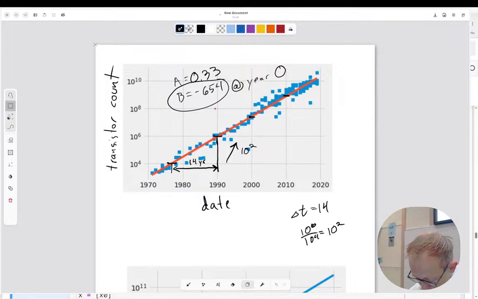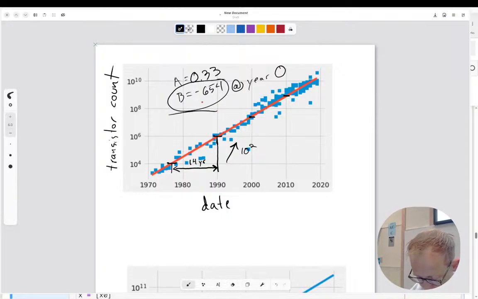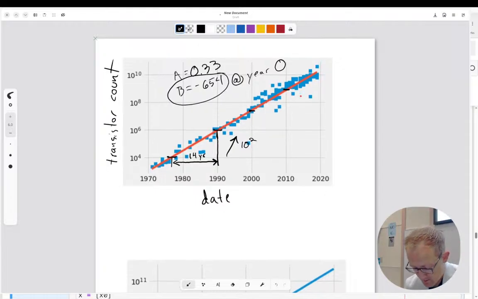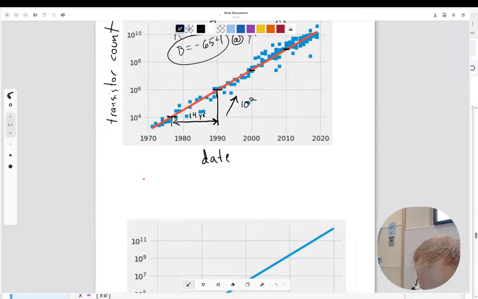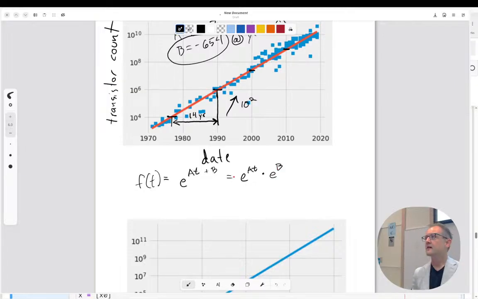But when we have data like this, where I've got an intercept and a function, really what we did was say there's some function of time that is e to the a t plus b, or e to the a t times e to the b.